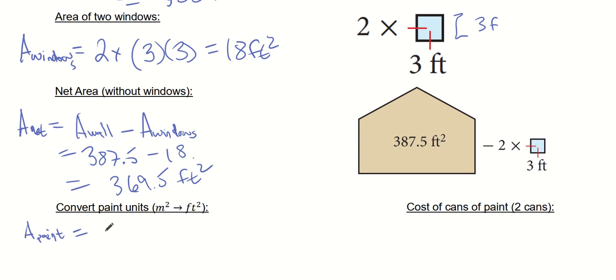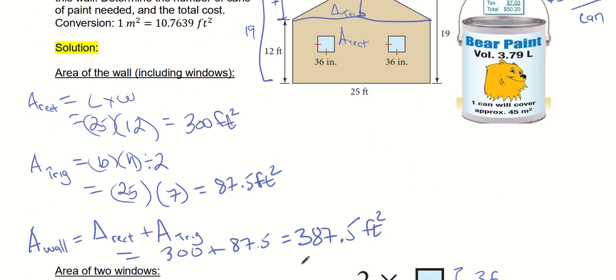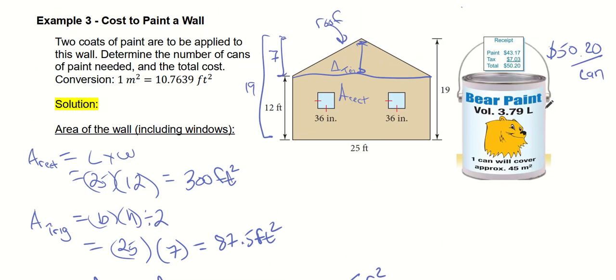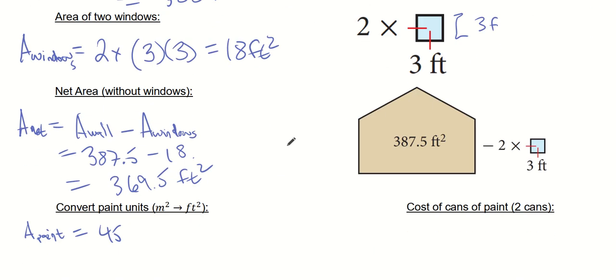You write down the information you have, which is 45 meters squared. It says right on the can.